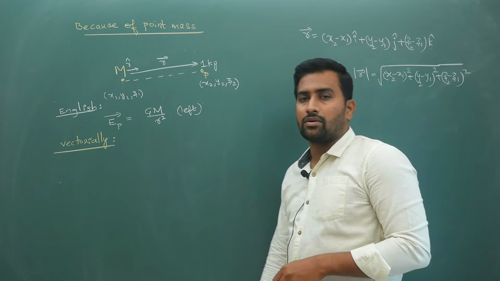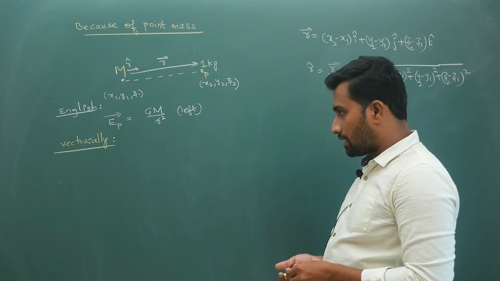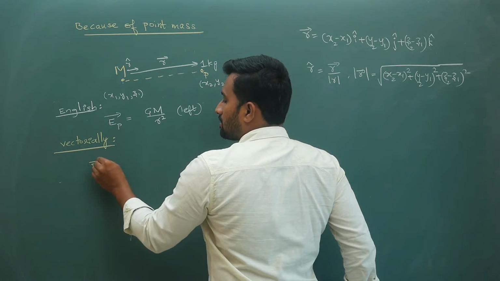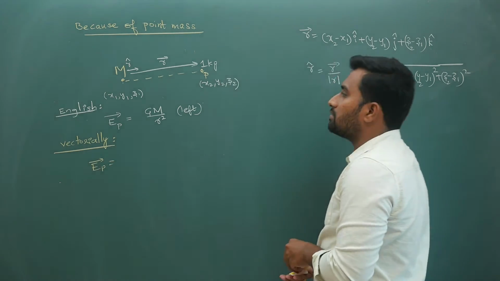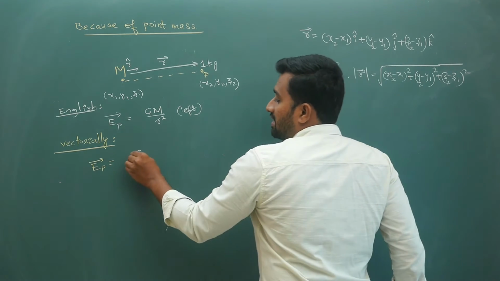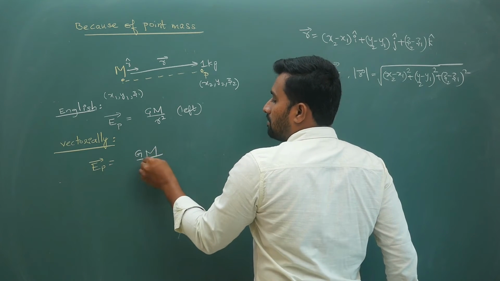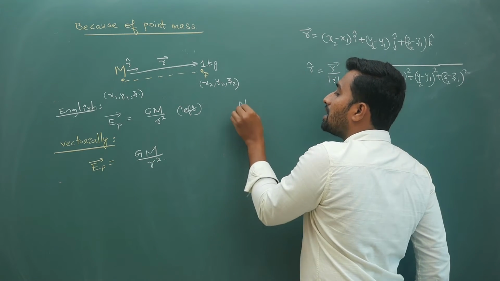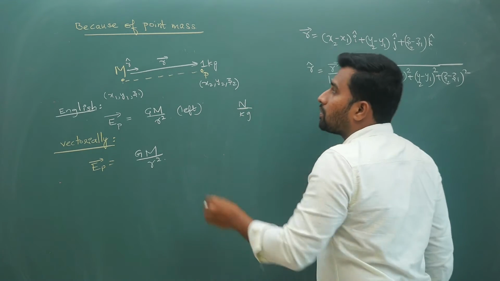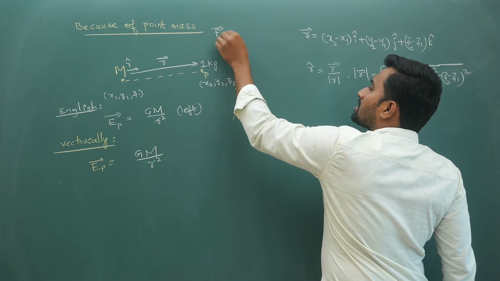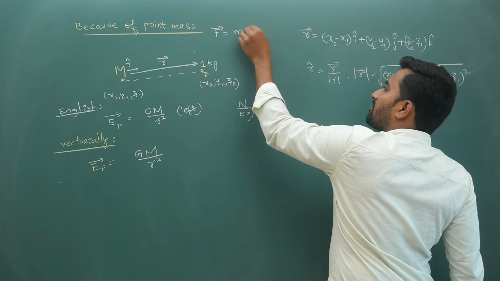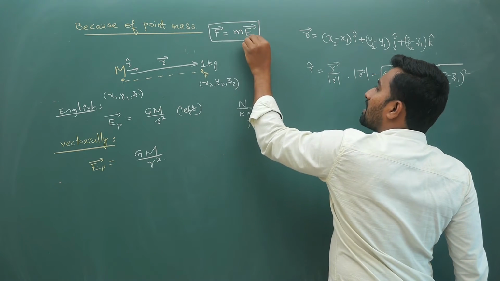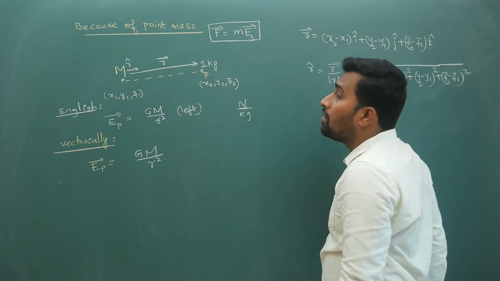Now coming to the vectorial part, your field at point P, if you are trying to write in terms of vectors, is G times M by r square. Here the unit is Newton per kg. I have told you your force is mass times field, your field is F by m. So remember this relation, gravitational field times mass will give you force.